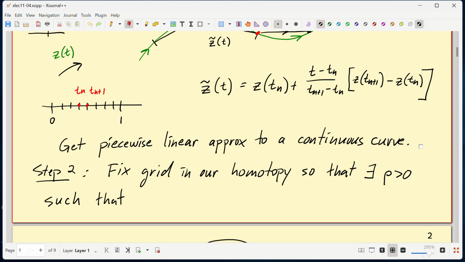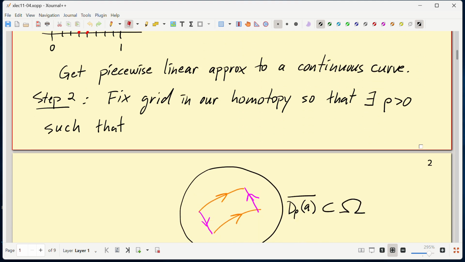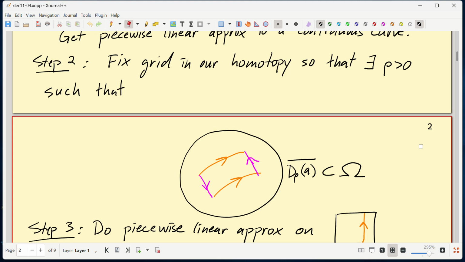I'm going to fix that grid above, the little rectangular grid, so that if you look at one of those little orange rectangles in the grid, the homotopy would map it to a curvilinear rectangle that's small enough and far enough away from the boundary that I know I can stick a disk around it. And a disk is a convex open set, of course. And I want it so the closed disk could be contained in omega. Okay? And that's by uniform continuity.